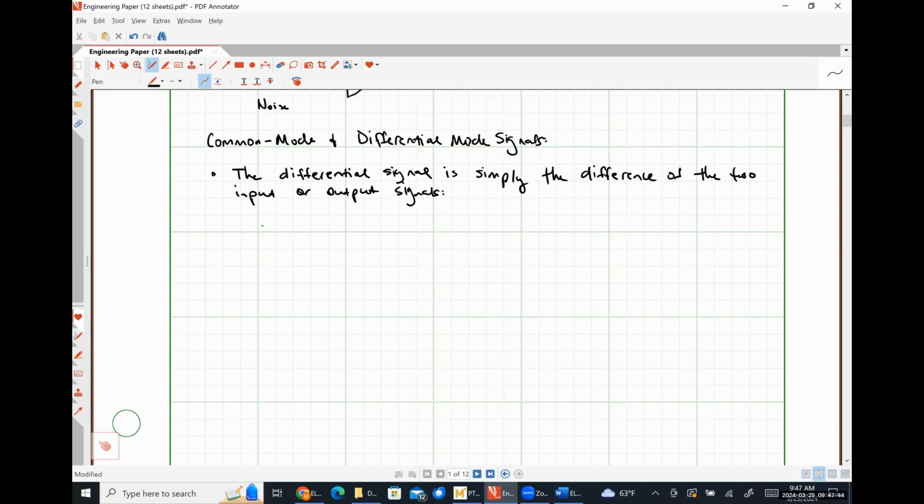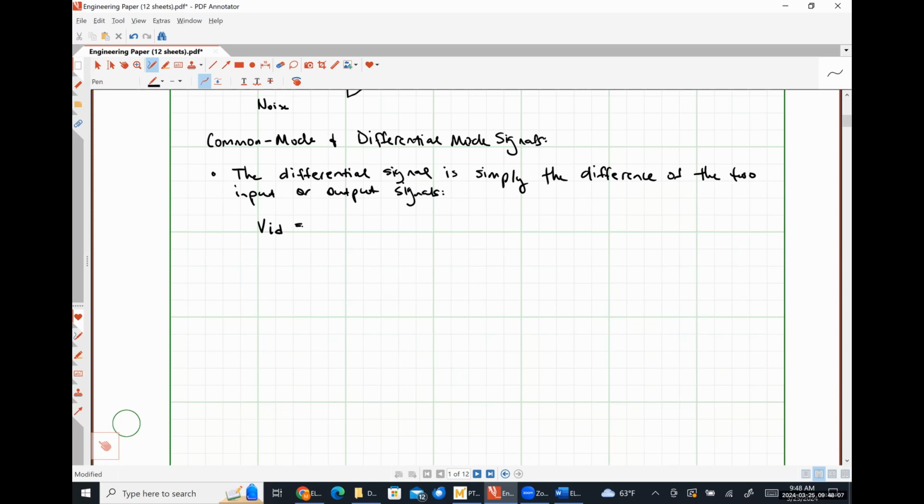So here I'm going to have VID. So let me explain something really quickly here. The I is for input and the D is for differential. So VID would be our input differential voltage signal.